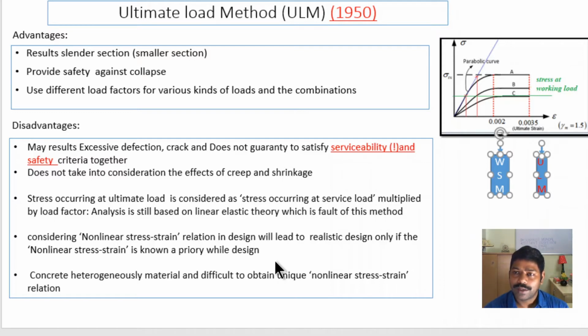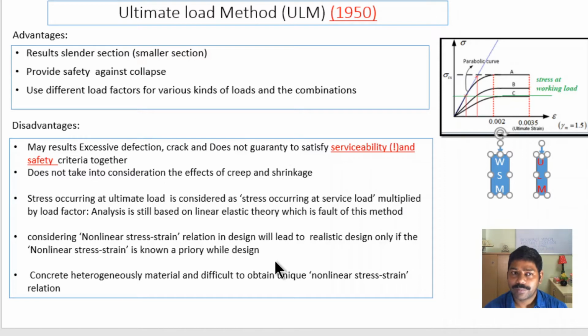You will find in the working strain method there are different combinations, but those were only combinations of the load. There is no load factor there. Here we are introducing different load factors for different kinds of load and different combinations of load. So this was the advantage we have in the ultimate load method.